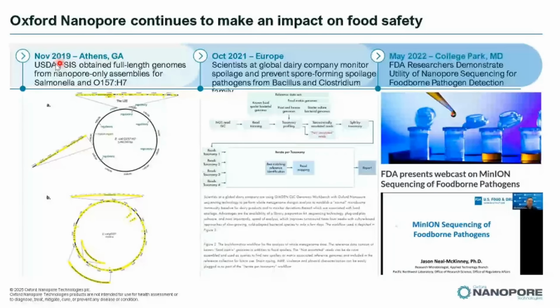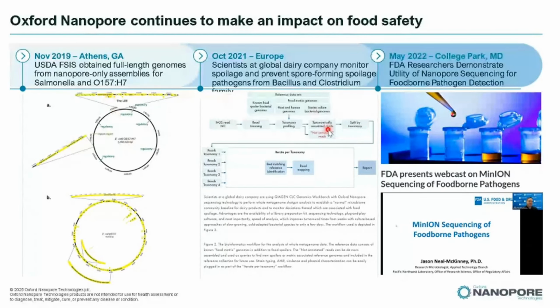At the end of 2019, scientists in USDA managed to use nanopore technology to perform sequencing and assemble the genome for Salmonella and E. coli. Okay, so this is the first step, way back in 2019, to use nanopore in the food safety area. So this is from the US and Europe.